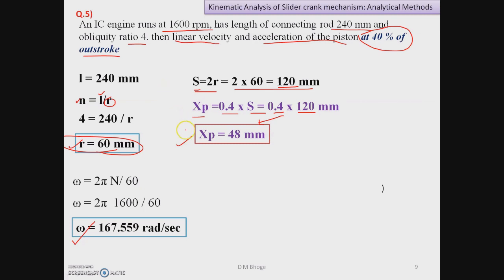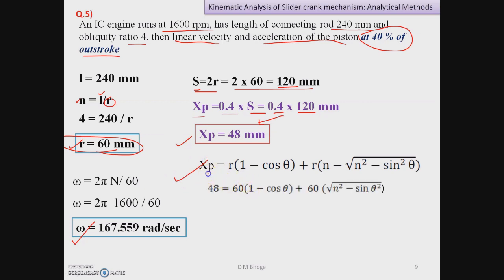Now for this displacement of piston, we will determine the angular displacement of crank, which can be obtained using this equation. So we'll substitute the values. Xp is 48, R is 60, obliquity ratio N is 4.